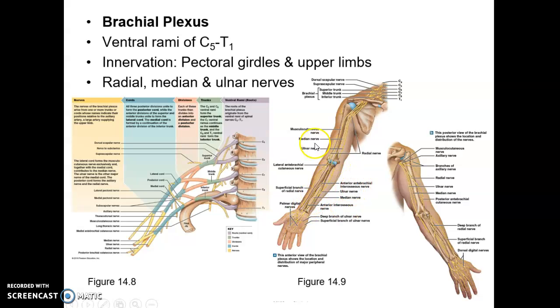Okay? By the way, if you've ever hit your elbow and you banged your funny bone, you get that weird tingling, that's because the ulnar nerve goes posterior behind the medial condyle, which is called the trochlea, and the epicondyle at the elbow joint.